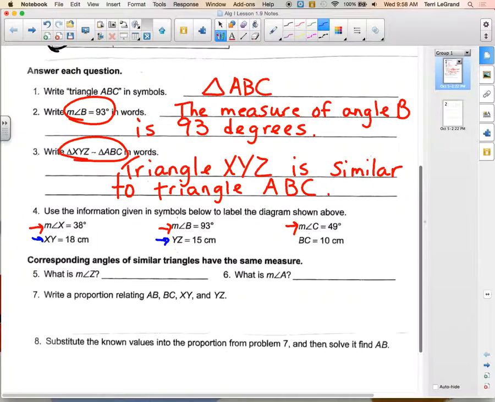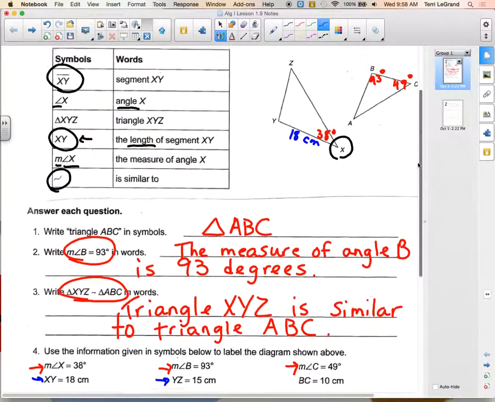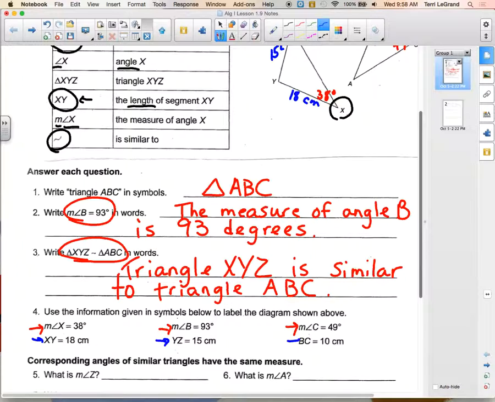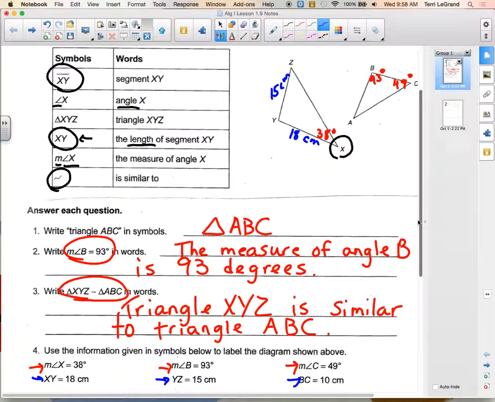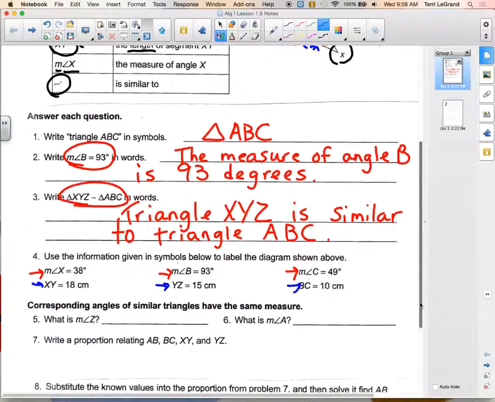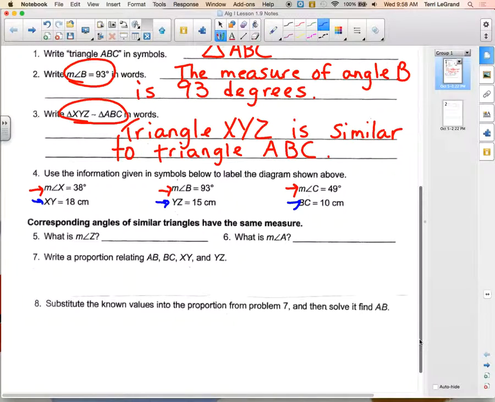We have the length of YZ and BC. Just like there are corresponding angles, there are also corresponding sides. Okay, so let's answer these questions now.